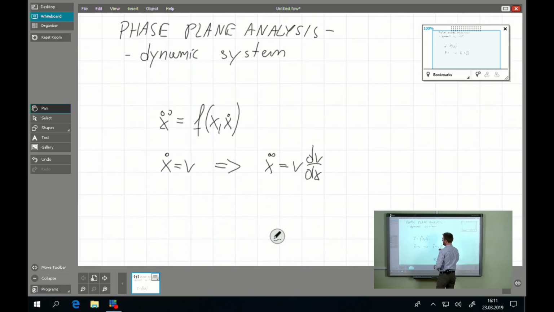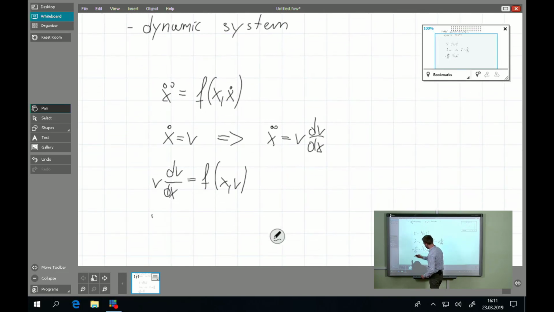And using that substitution, we are able to transform our problem from the second order differential equation to the system of two first order differential equations. It will be the first equation, and here we have the second equation.